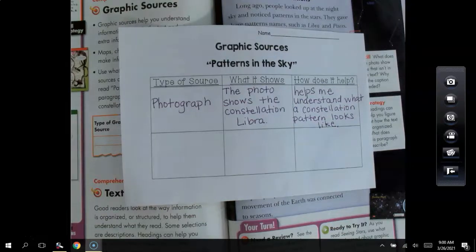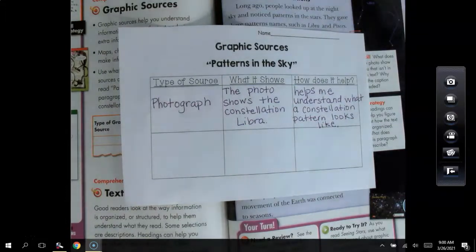But having a photograph, the graphic source, and seeing it helps you connect the pieces. It helps you connect that, oh, that's what a constellation is, or that's what a constellation looks like. So graphic sources help us understand the text better.